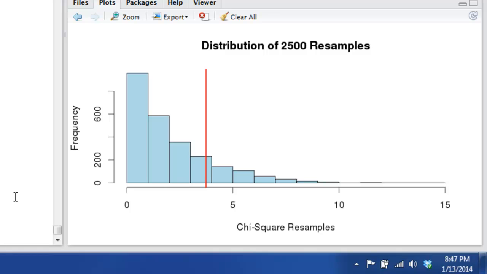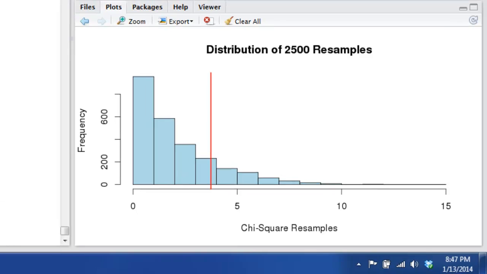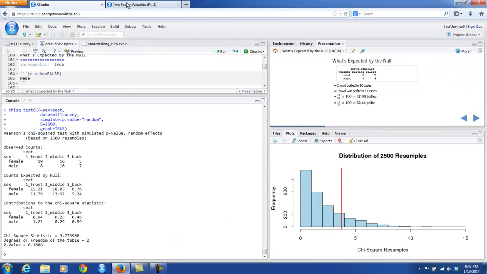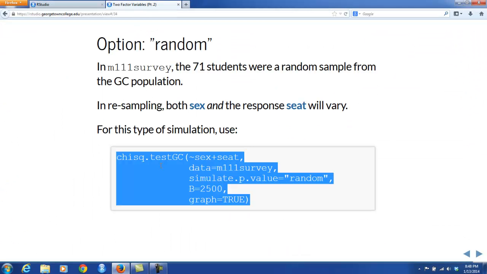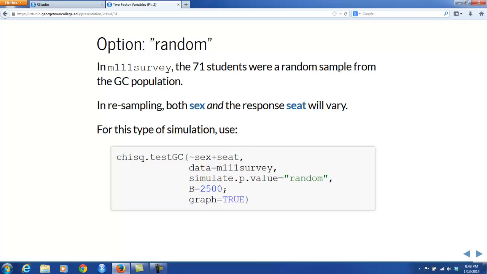So the results we got this time, a 3.73 chi-square statistic, are not all that unlikely to occur if there's no relationship between the two variables in the population. So it looks like we would not be rejecting the null hypothesis in this situation, and our conclusion would be that our data don't provide very strong evidence that there's a relationship between sex and seating preference in the Georgetown College population as a whole.